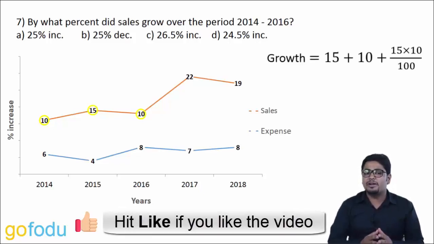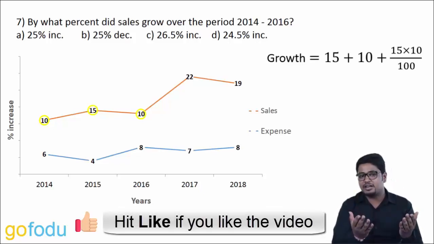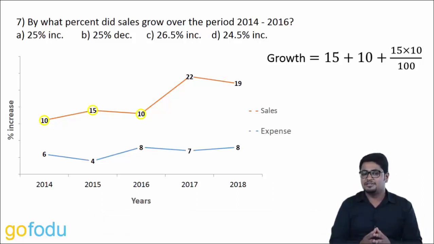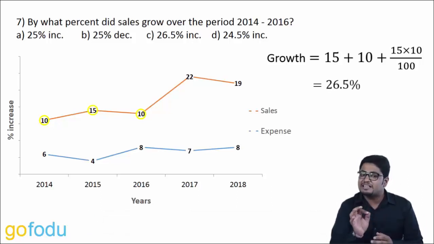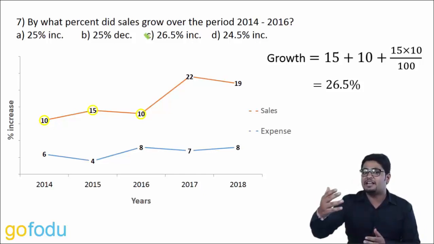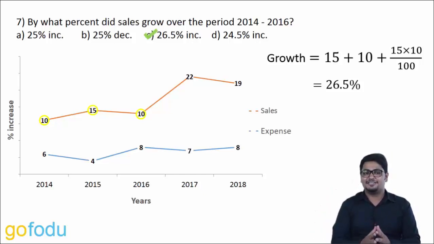So, growth will be 15 plus 10 plus 15 into 10 by 100, which is equal to 26.5%. Sales is obviously increasing. So, the answer will be 26.5% increase. Option C. That's pretty much about it.